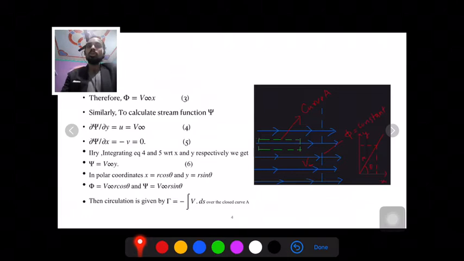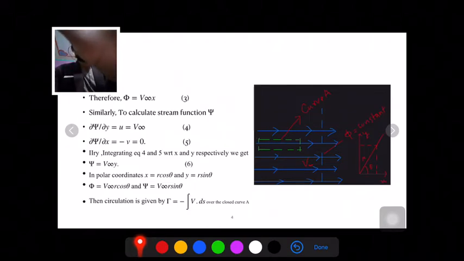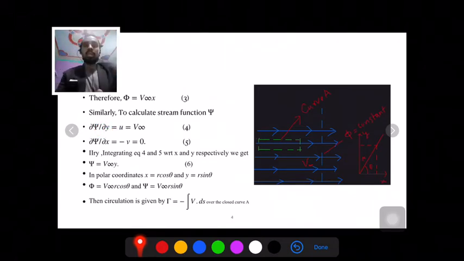Now to calculate the stream function, right, so the stream function is, for example, if u and v are the velocities as functions of x and y, then the constant will have different values for different streamlines. Okay, so basically in this case dou psi by dou y is equal to u, and the velocity in x direction is v infinity.